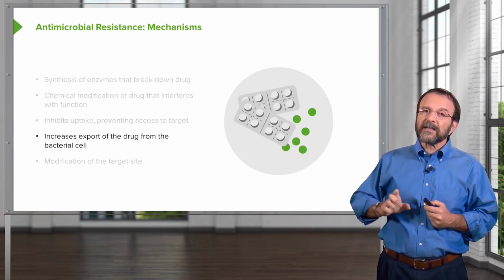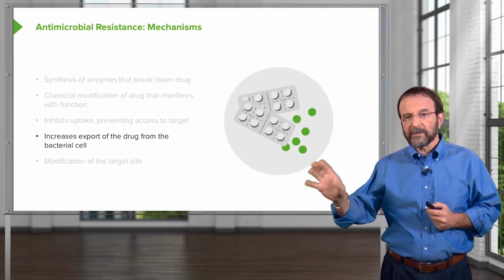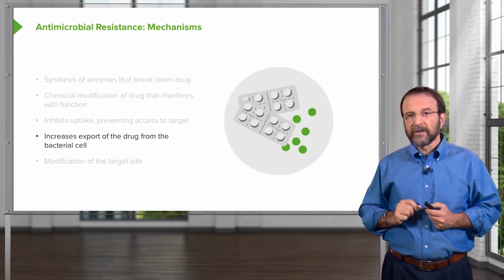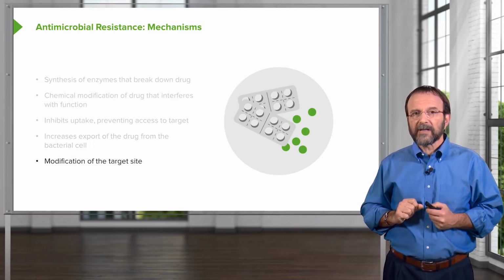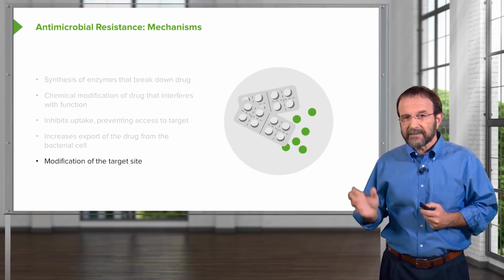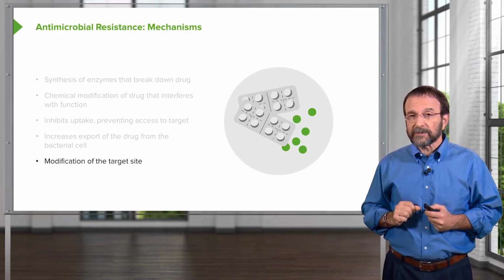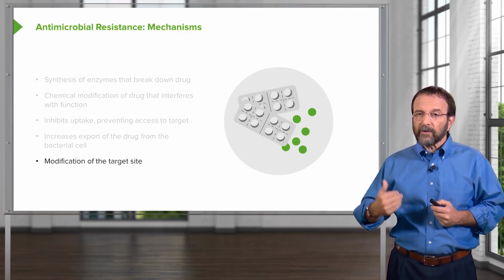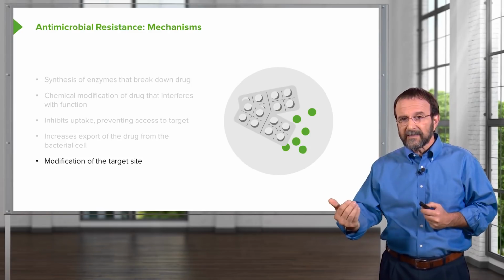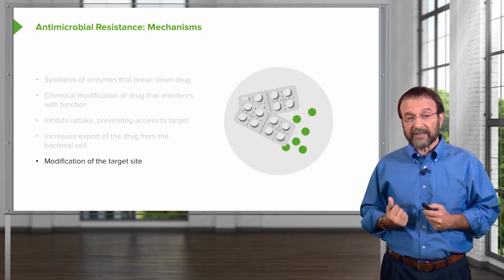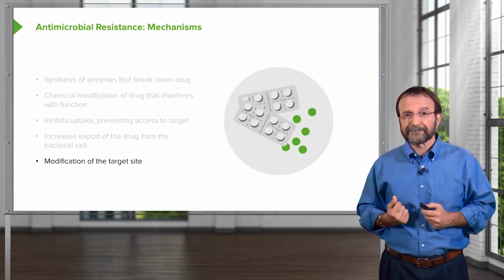Or they could stimulate the export of the drug from the bacterial cell so it's no longer bactericidal. Or they may modify the target site of the drug. So there are many different mechanisms of antimicrobial resistance. And again, these are all encoded on genes that code for proteins that have these various activities.